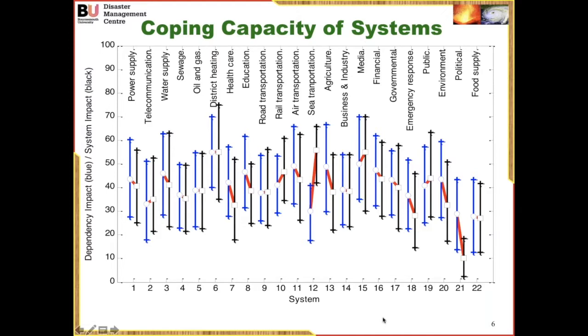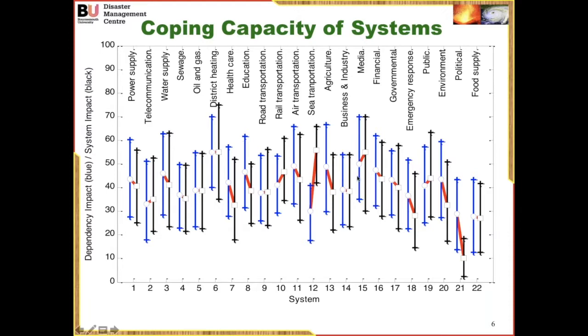They are more resilient than the systems they depend upon, as the average system impact level is lower than the dependency system impact level. To understand this, if you look at this level here, this is the system or dependency. This black represents the system impact level, which is higher than the dependency impact level, which means that they were more resilient than the system on which they depend.